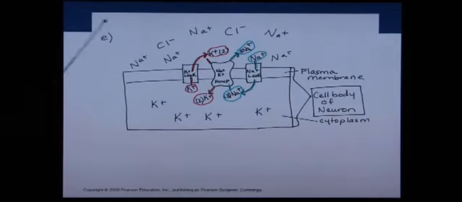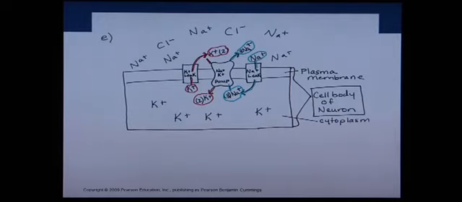Now remember that the potassium leak channels are always allowing potassium to leak out. And the sodium leak channels are allowing sodium to leak in, and that's again because of the difference in concentration gradient. To rectify that constant leakage, we have the sodium-potassium pump in the middle, which works by energy, by burning ATP.